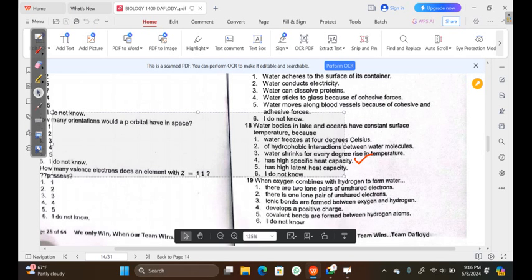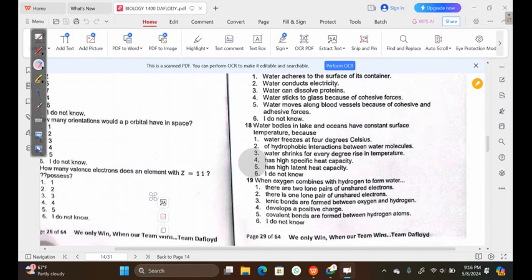That is a simple explanation for latent heat capacity. So the answer here, guys, was option 4, high specific heat capacity. It's not just any other temperature that can change the temperature of water. You need a lot of energy.